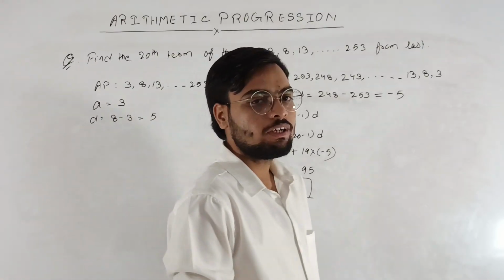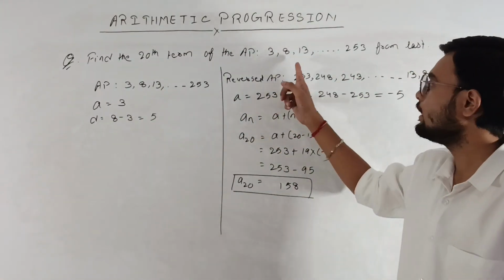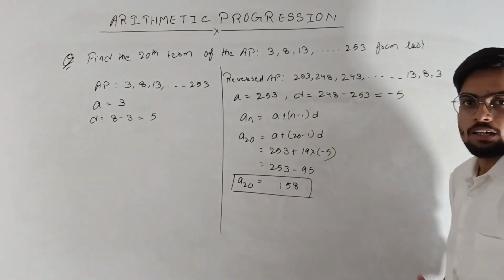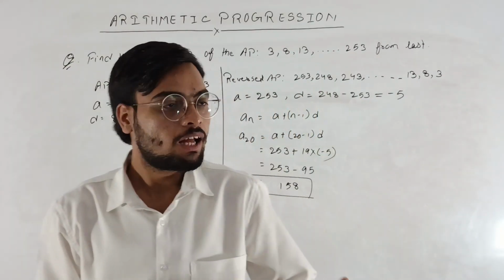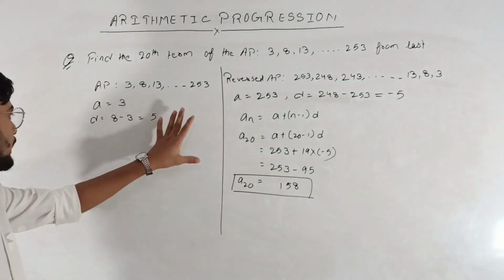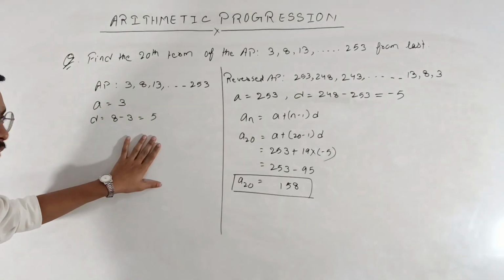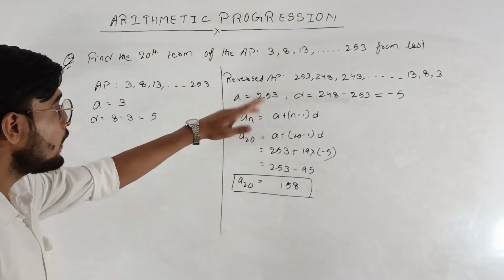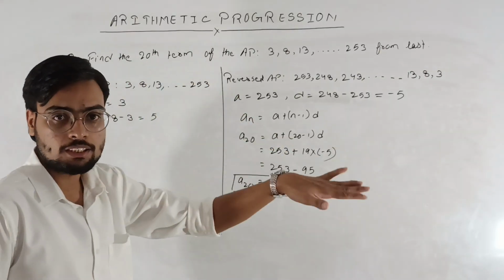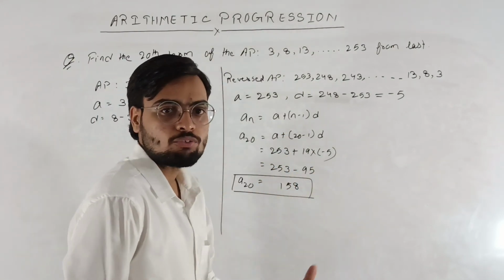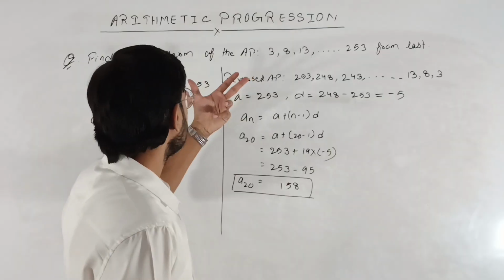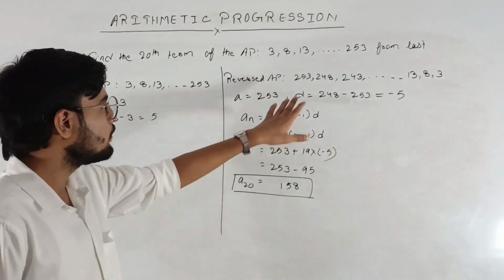Understood? Let's see one more time. We have an AP 3, 8, 13 up to 253, and we have to find the 20th term of this AP from last. First I write this AP, and from it I find d, which is 5. Now I reverse this AP. Why? Because we have to find the 20th term from last. Till now we used this formula for finding any term from first of an AP, but in this question we have to find from last. That's why I reverse this AP.